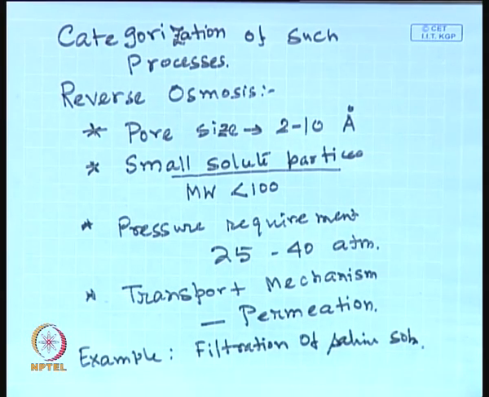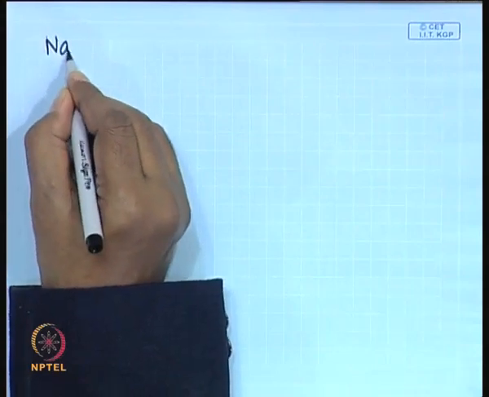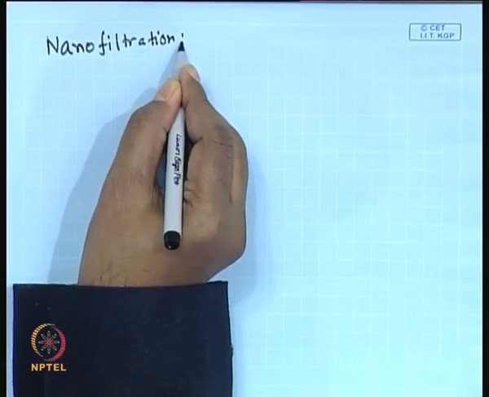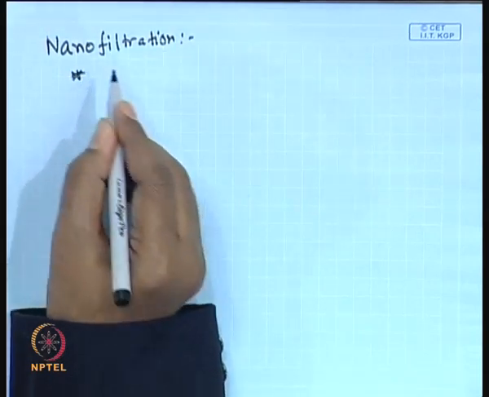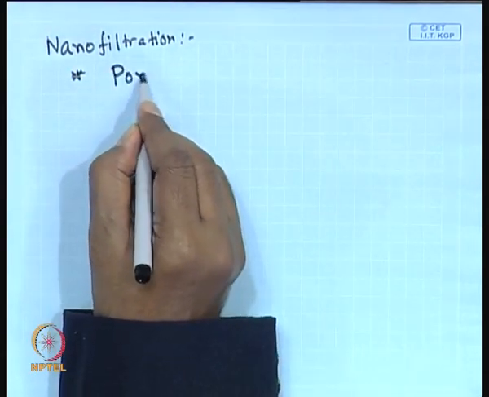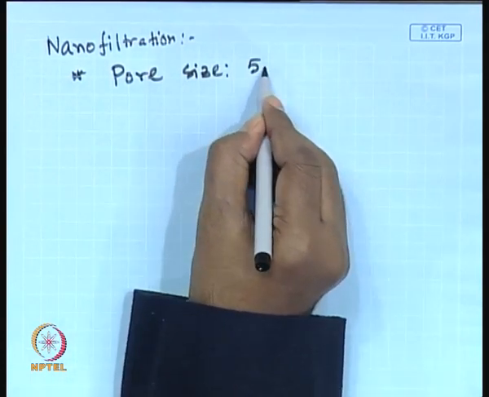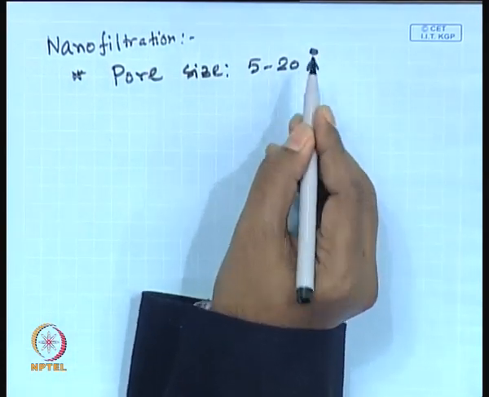The next filtration process, or next category of such process, is nano filtration. Here the pore sizes are slightly higher than reverse osmosis. The average pore size will be in the range of 5 to 20 angstrom.